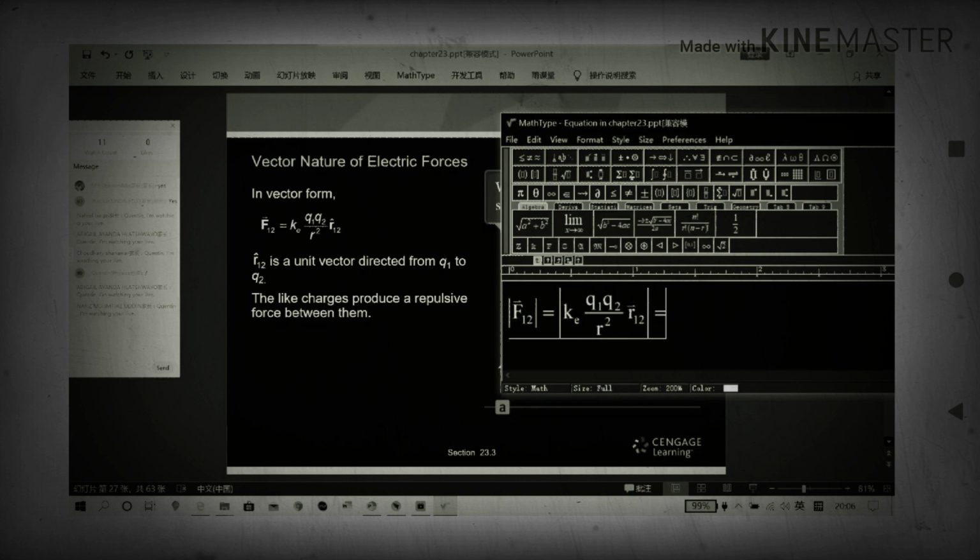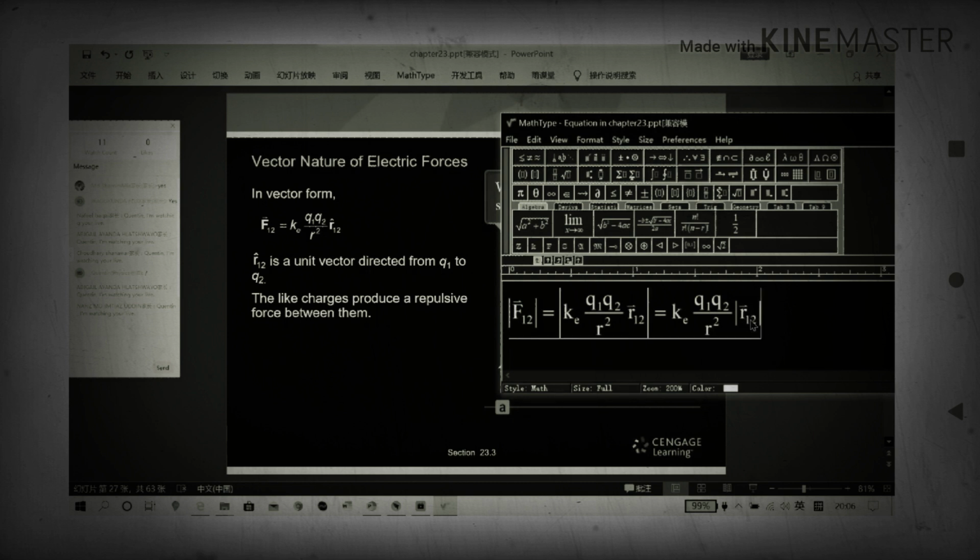And for this one, because Q1, Q2 is positive, this is positive. So this equals, and times, r hat 1, 2.